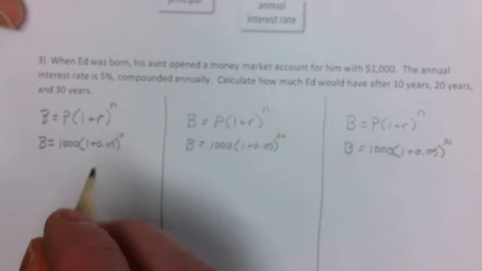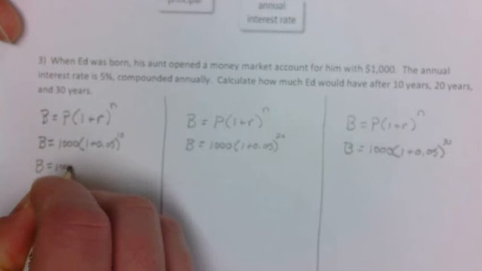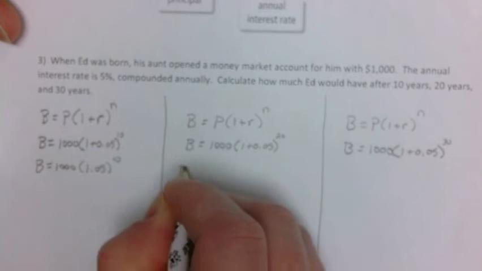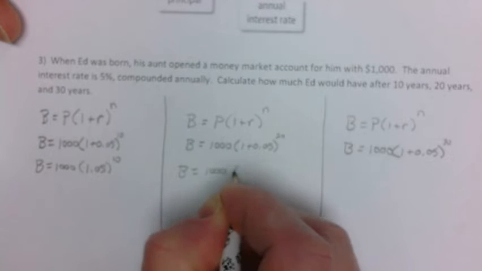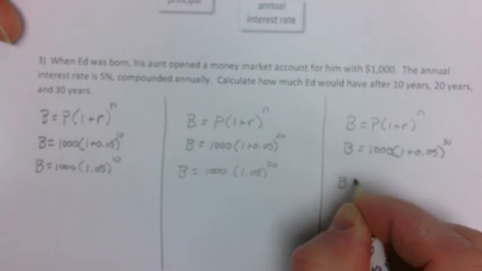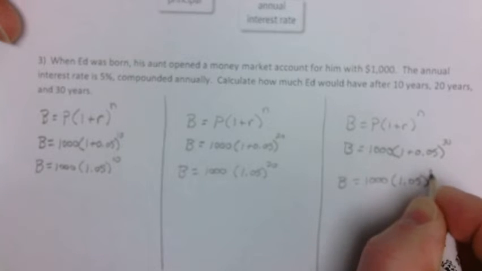Well, 1 plus 5/100ths is just 1 and 5/100ths. So we're going to have B equals 1,000 times 1 and 5/100ths to the 10th. B equals 1,000 times 1 and 5/100ths to the 20th. And B equals 1,000 times 1 and 5/100ths to the 30th power.